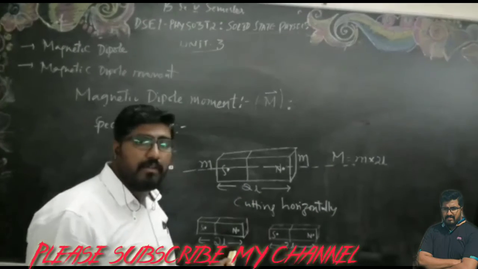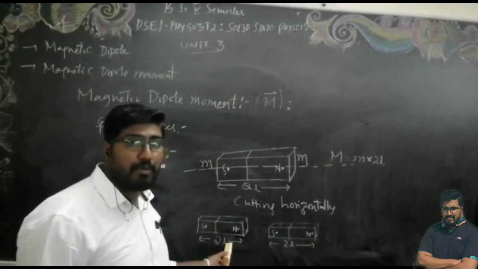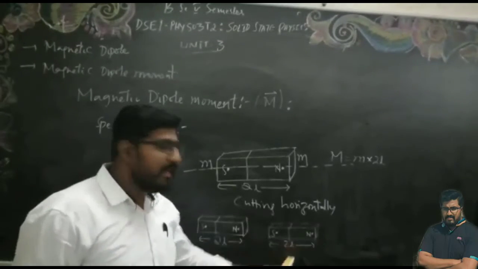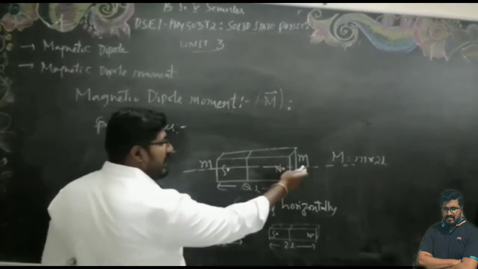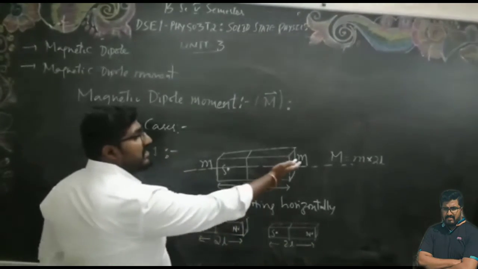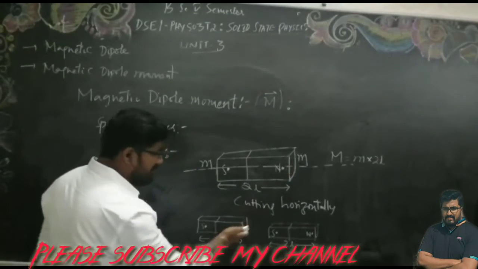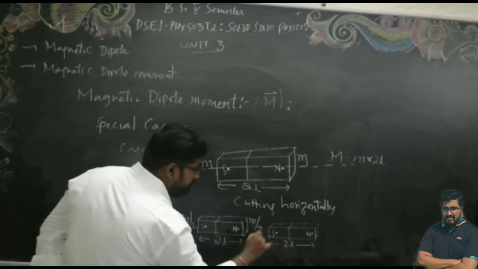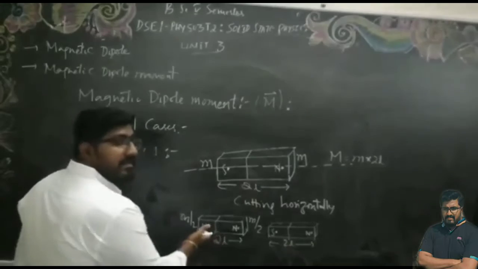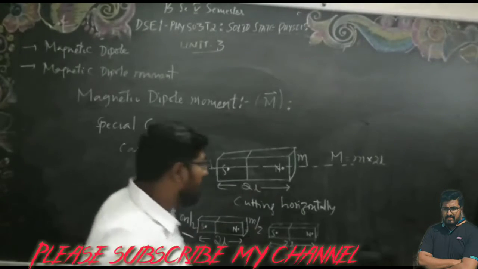Later on, what is the magnetic dipole moment of these two? The pole strength earlier was m, but depending upon the area now, it has become half. Therefore, the pole strength has become half at the ends.